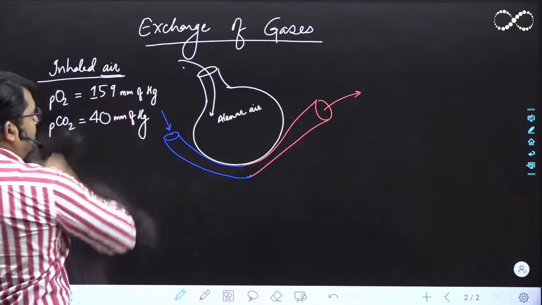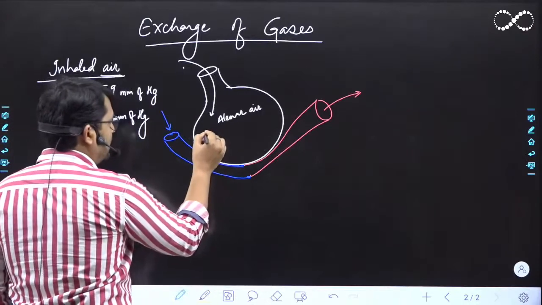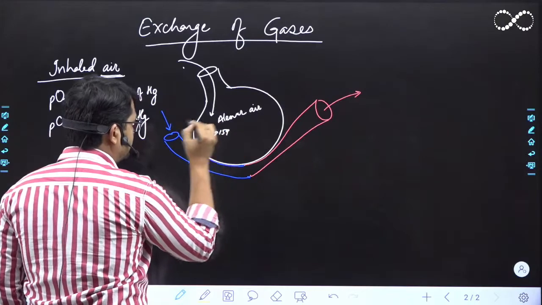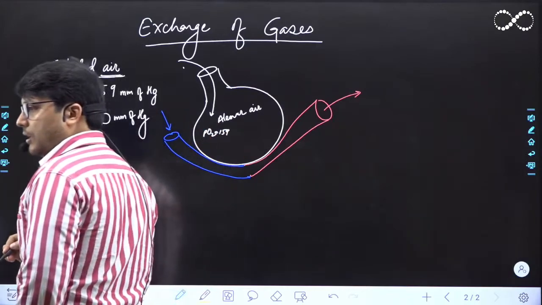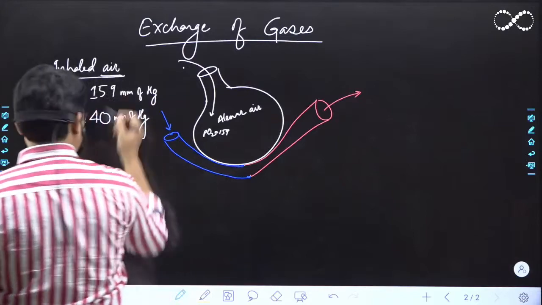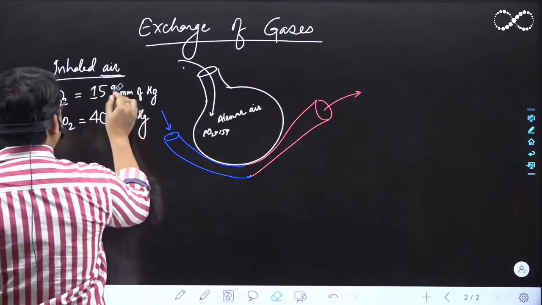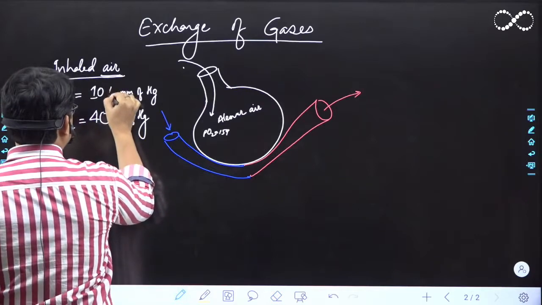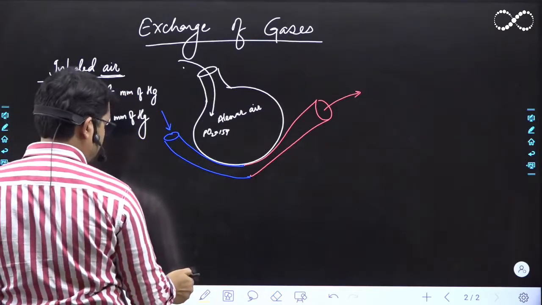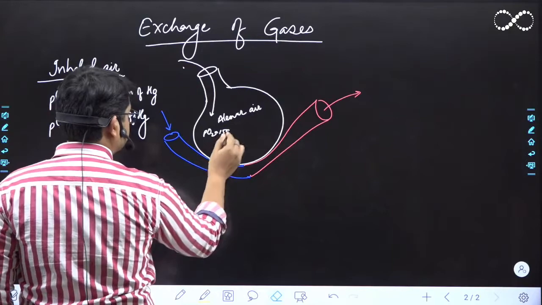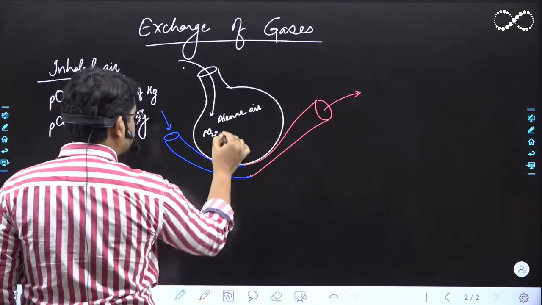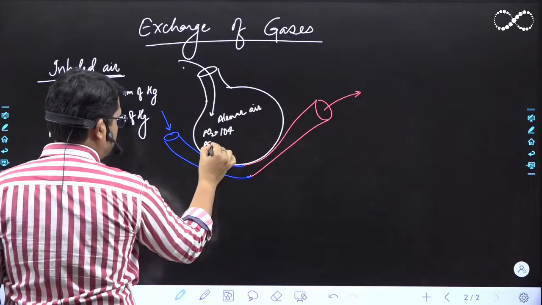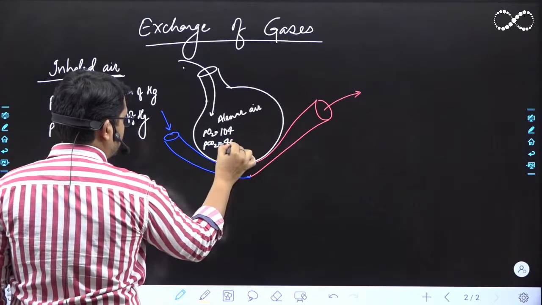So this is inhaled air. Now, so this inhaled air has partial pressure of 159 here, correct? Sorry, 104, not 104. 159 is in the atmospheric air. 104, okay? And PCO2 at 40.